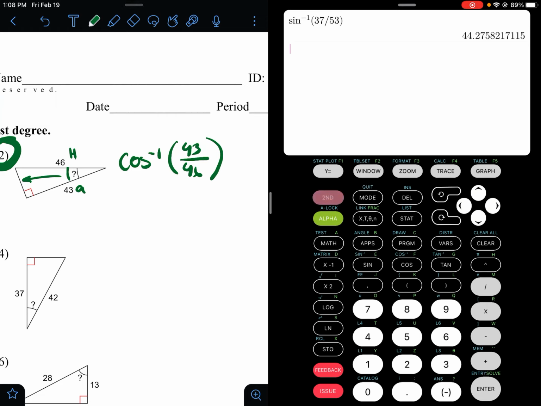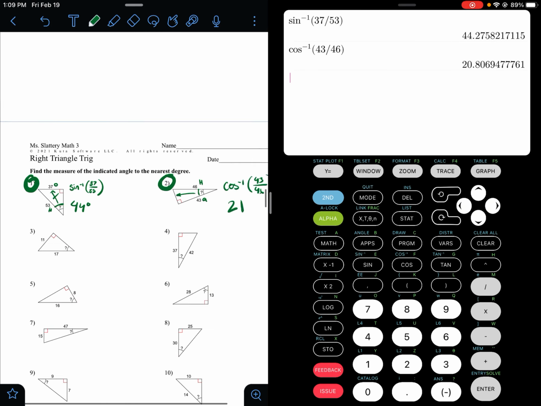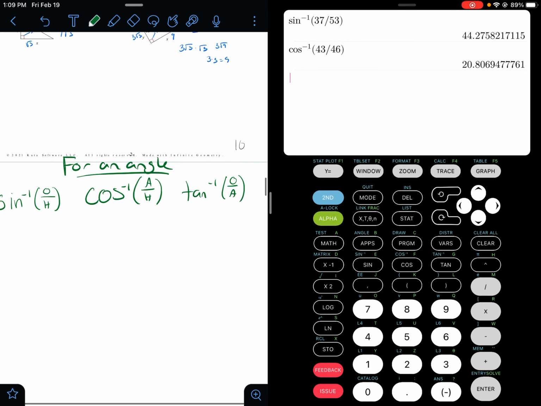Ooh, I apparently didn't click second. Second cosine, and it should come up like cosine inverse like that. Then you do 43 divided by 46, and the nearest degree here would be 21.